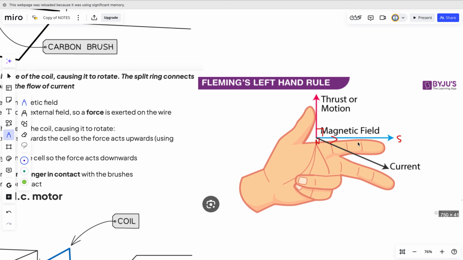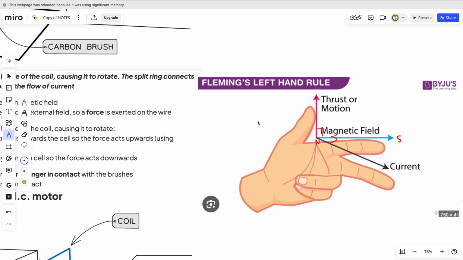The second finger will be the direction of the current. Each of these three fingers is 90 degrees to each other. If they are parallel, there will be no force produced and no effect. You must make them 90 degrees to each other.